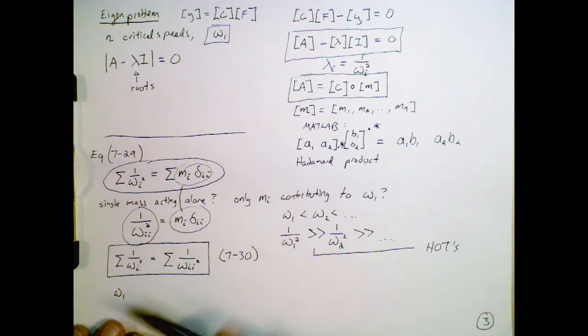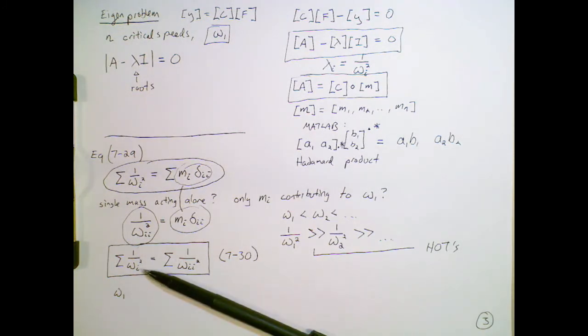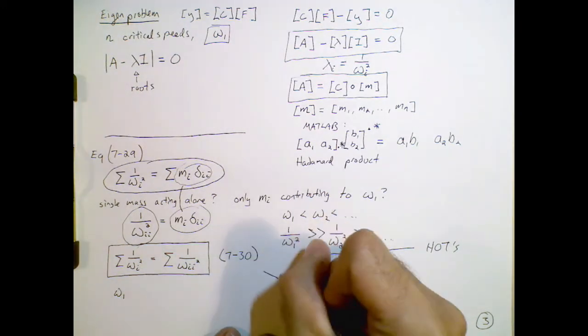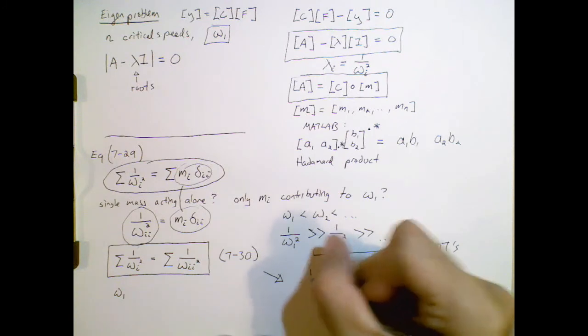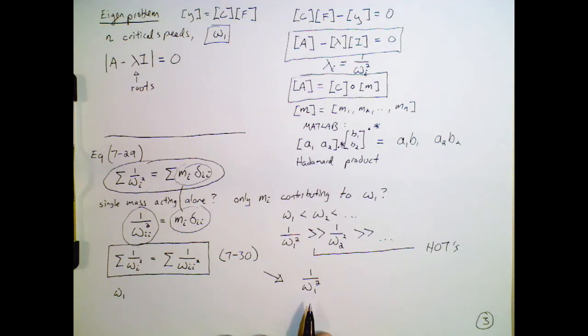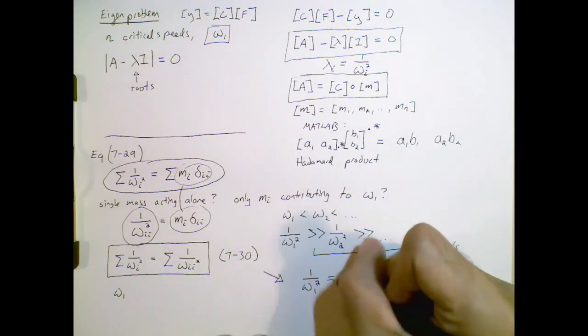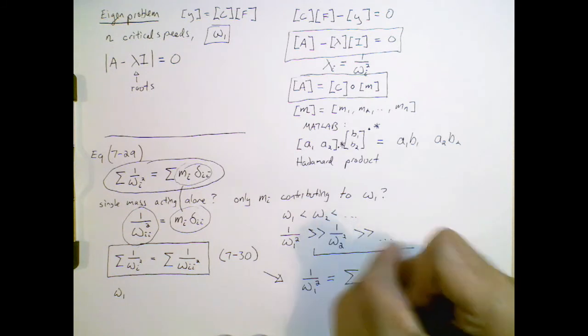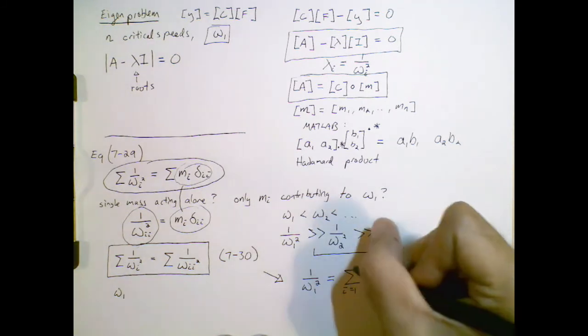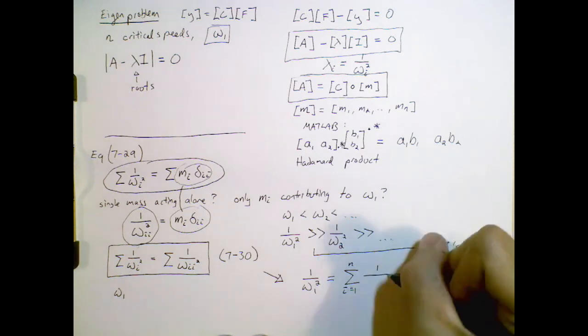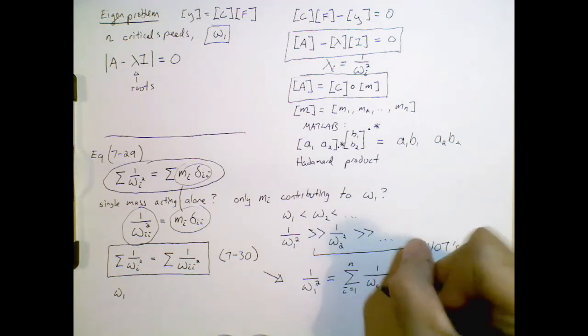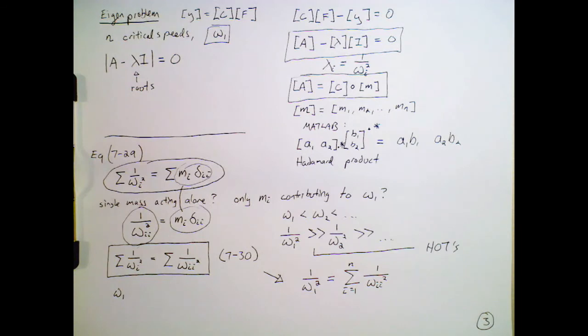And if we look back at this summation, it's really the first term that makes the most significant contribution. So if we neglect all of the higher order terms, we can arrive at this approximation: 1 over omega 1 squared, ignoring all the higher order terms, is equal to the same summation from i equals 1 to n of 1 over omega ii squared.